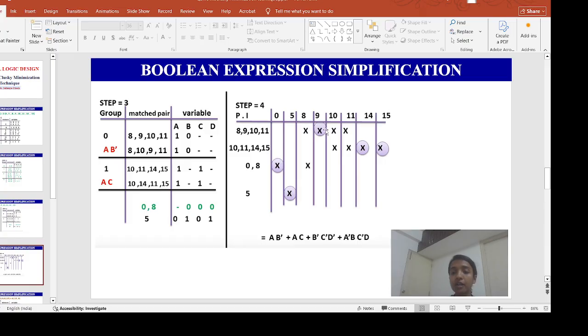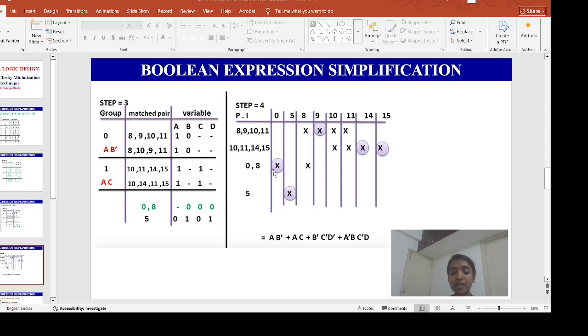Now we will see the rows, not the columns. After we have circled, we have to see the rows. Across 8, 9, 10, 11, what is the prime implicant? AB bar. Across 10, 11, 14, 15, what is the prime implicant? AC.